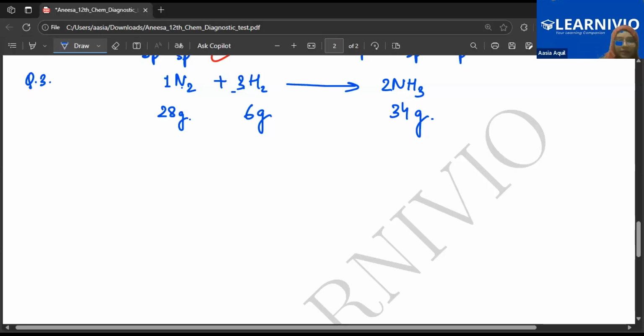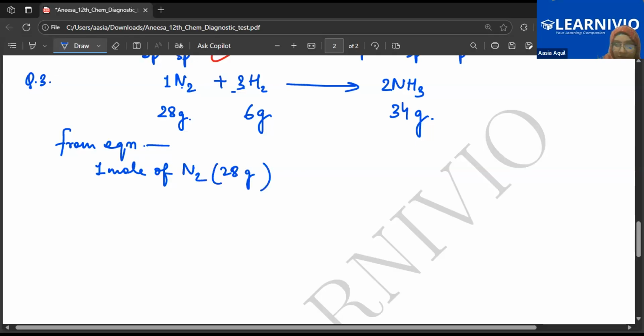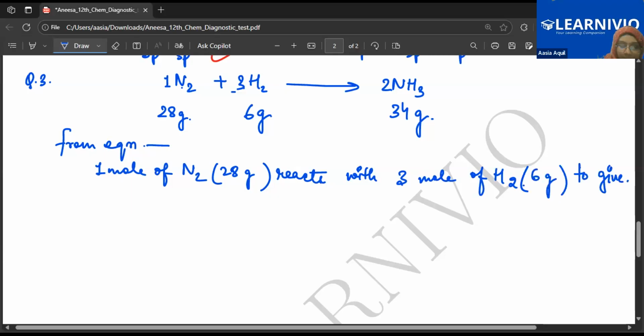Now see, from the equation, can we say that 1 mole of N2, which means 28 gram of nitrogen, reacts with 3 mole of H2, which means 6 gram of H2, to give or to produce 2 mole of ammonia, which by weight means 34.